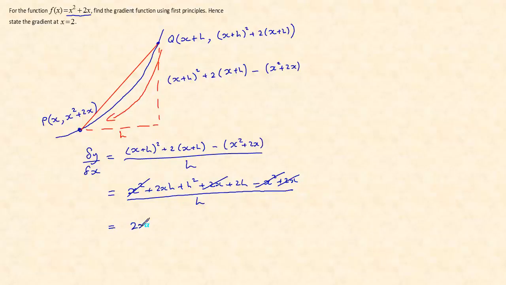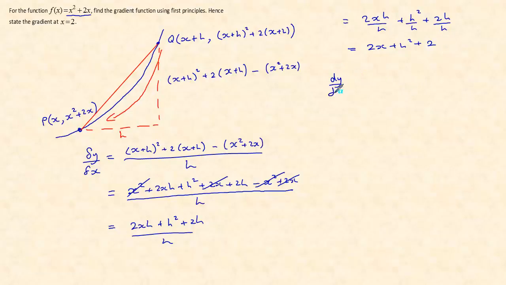So we'll have 2xh plus h squared plus 2h over h, which is 2xh over h plus h squared over h plus 2h over h, which is 2x plus h squared plus 2.